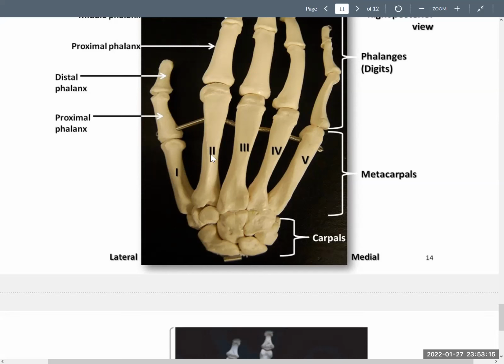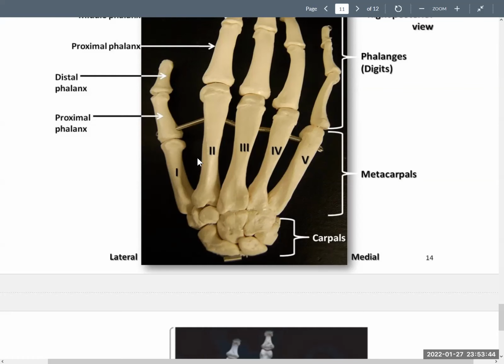Bone 2 is metacarpal 2. Metacarpal 3. Metacarpal 4. Metacarpal 5. And here's the word metacarpal for you. Remember, thumb is always number 1, little finger is always number 5. Both hands have them, so there's 5 on each hand. We just covered 10 more bones.